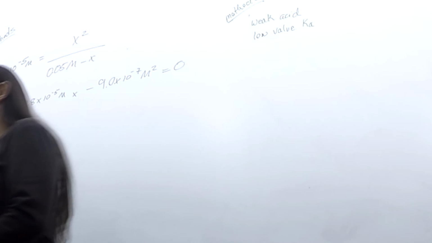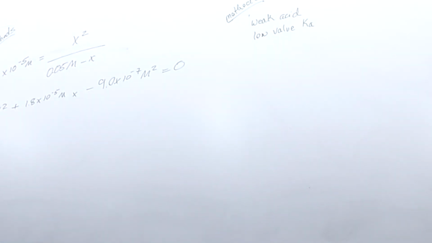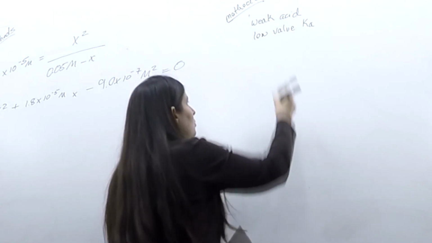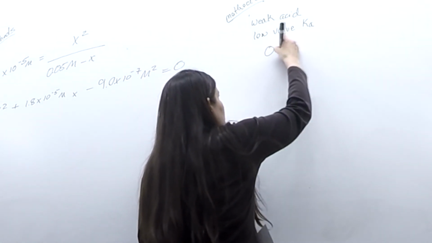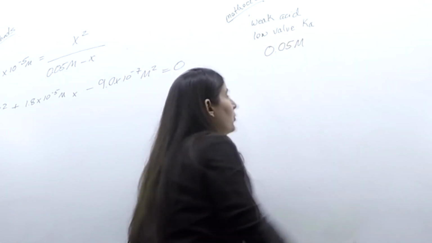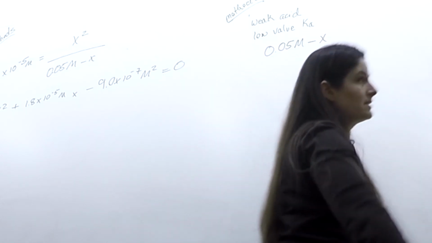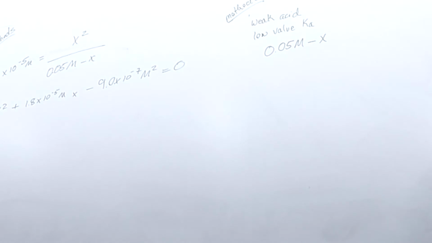Or, if it was a base, a weak base with a low Kb. So you can always take any acid and replace it with the base information here. In this, we have 0.05 molar in our denominator minus X. And that is the one that complicates this solution.